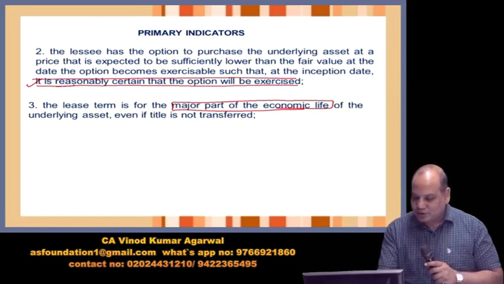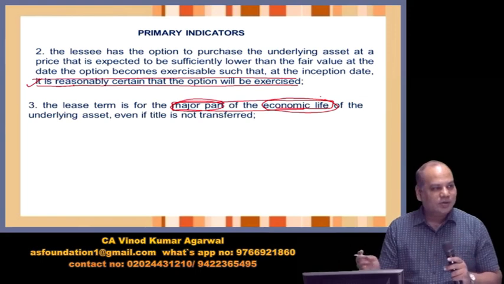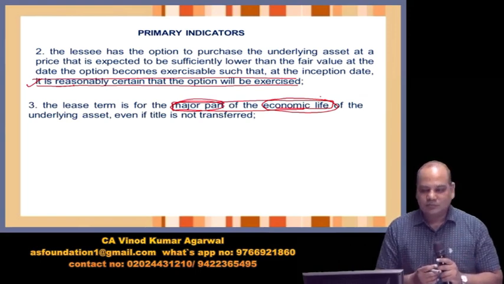Two subjectivities, to my knowledge, get involved here. First is, what is the economic life of an asset? Is it a certain number? Depends. Which bike do you use? Access.